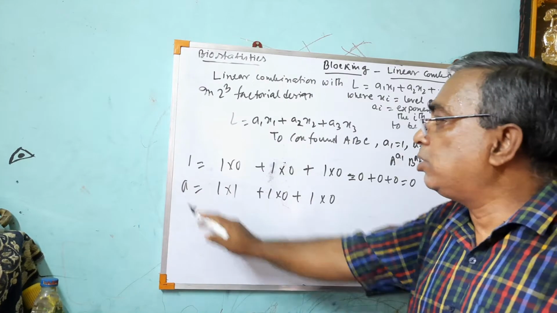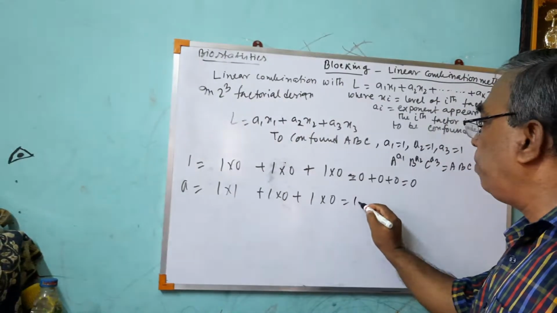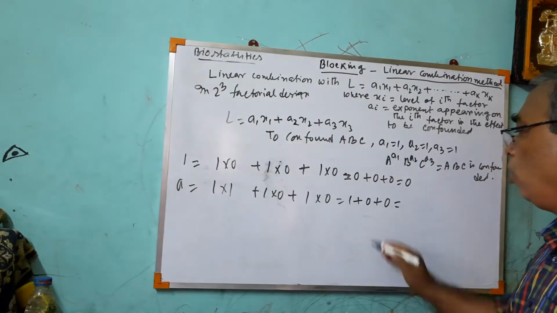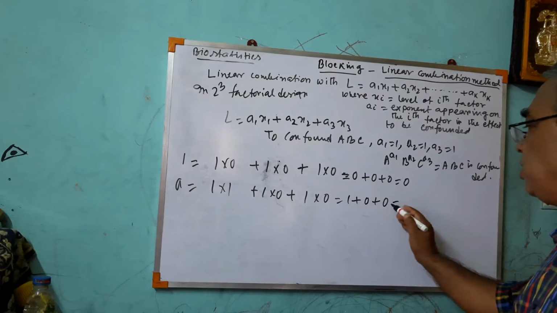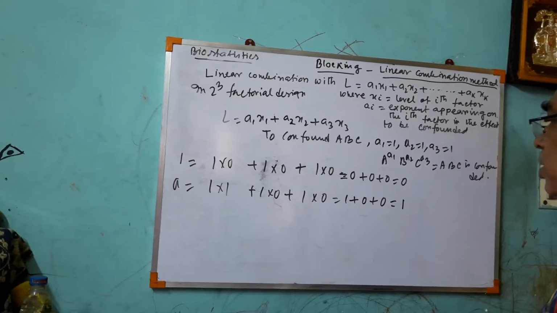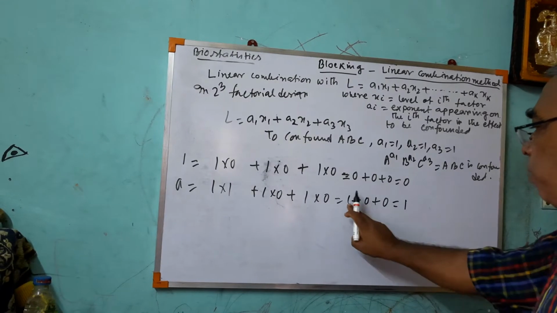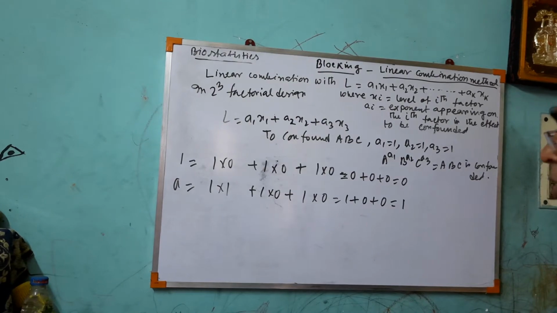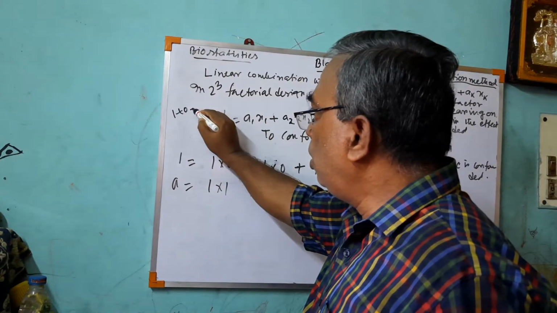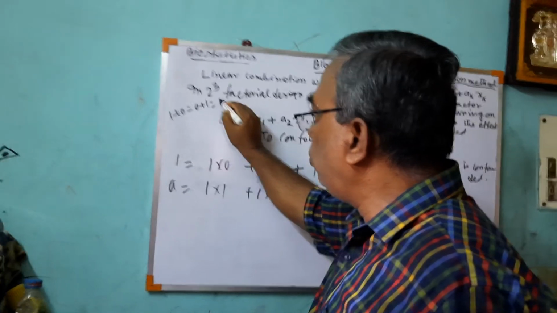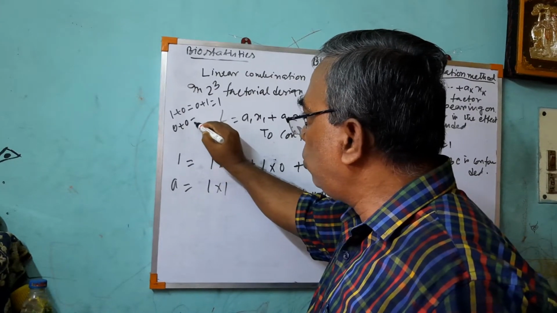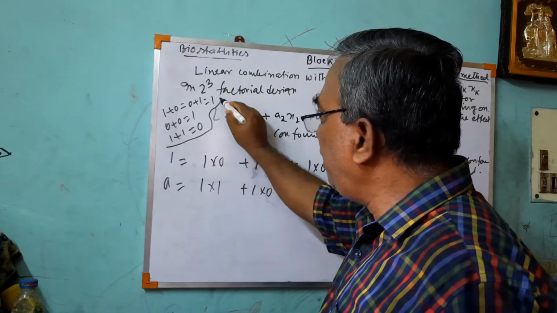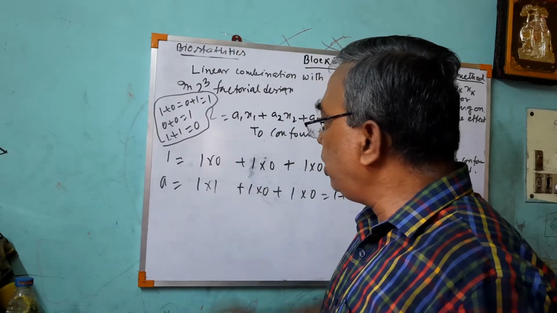So 1 plus 0 is 1. The formula you have to remember: 1 plus 0 equal to 1, 0 plus 1 equal to 1, 0 plus 0 equal to 0, 1 plus 1 equal to 0. Be careful, this is the binary rule.